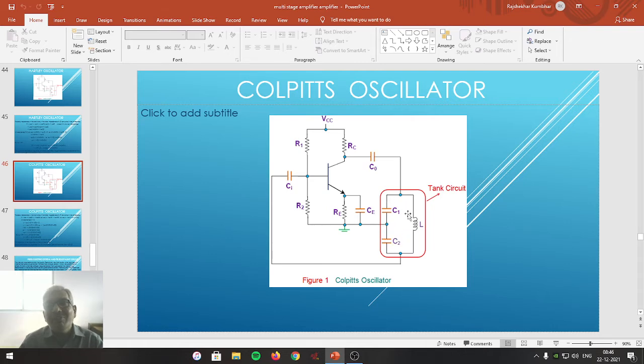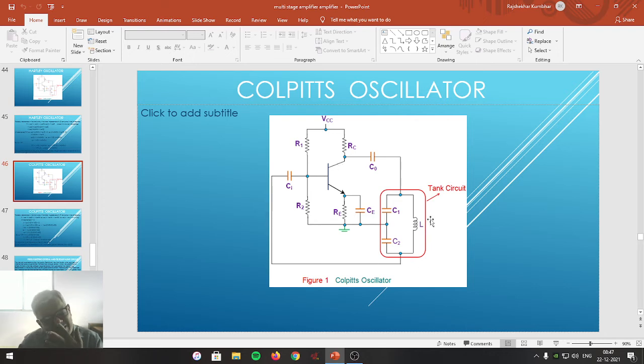Once again, when the capacitors are fully charged, it will start collapsing. When it starts collapsing, the polarity of the capacitor and the current flowing through the inductor are reversed, as the direction of the magnetic field also reverses. At the cost of that, again the transistor is turned off.